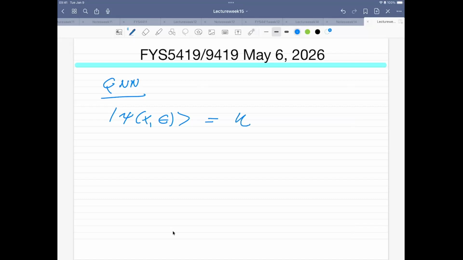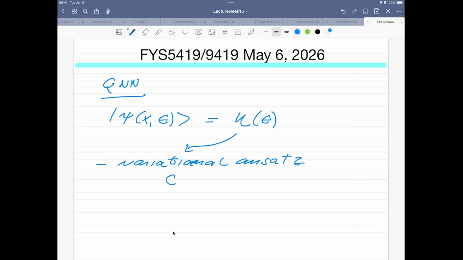One, which we call U of theta, and that is where we have the variational parameters. So this is a unitary transformation. Let's just write this down here. This is called the variational ansatz with trainable parameters, like this theta.